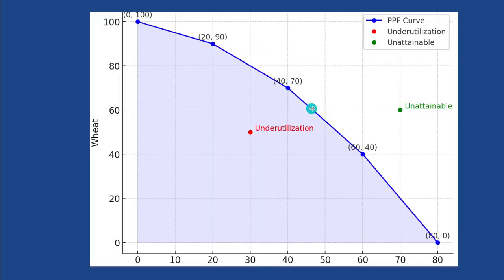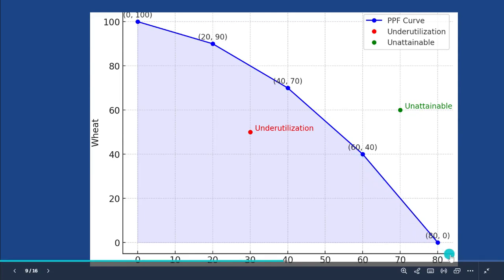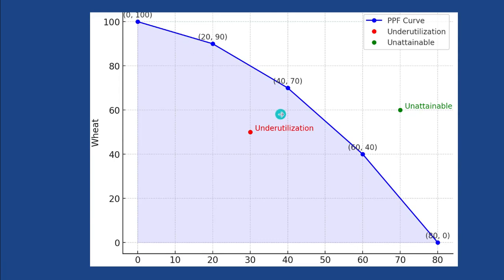See here, the curve is coming down, downward sloping. It means you are increasing the production of robot and completely stopping the production of wheat. You are completely giving up wheat production if the slope is going downwards.